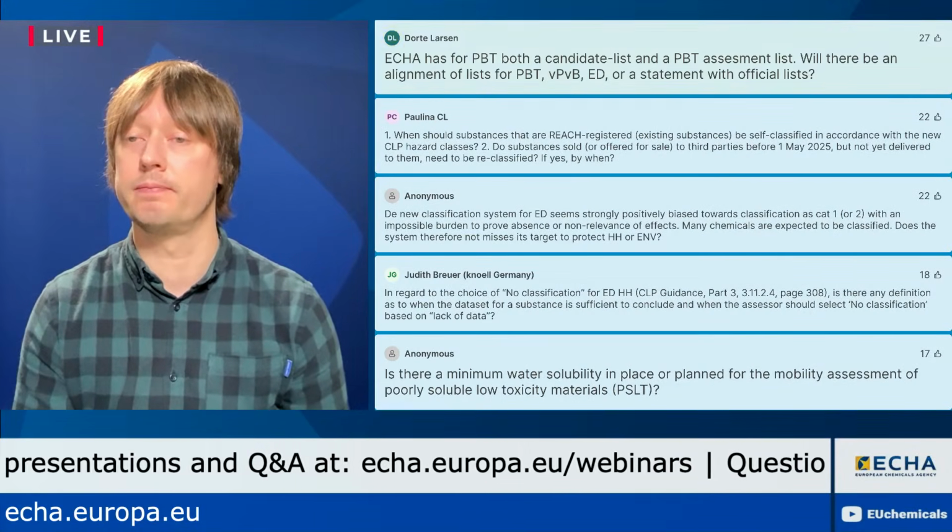Costas. Thank you. So I think I need to give a quite similar answer to the one that Kirsi has just given. Basically, you refer to the substances that have already been identified as PBTs in the REACH substance of very high concern process, as well as being discussed in the ECHA's PBT expert group.